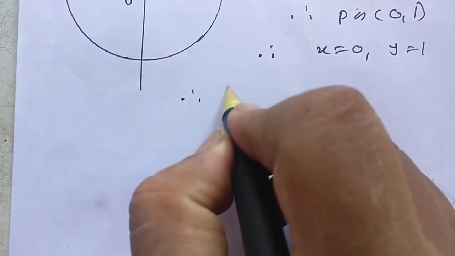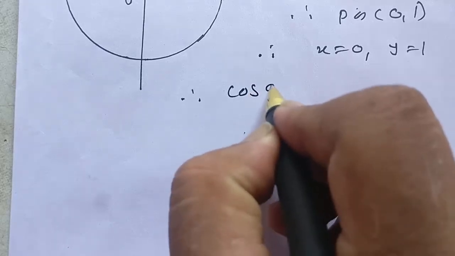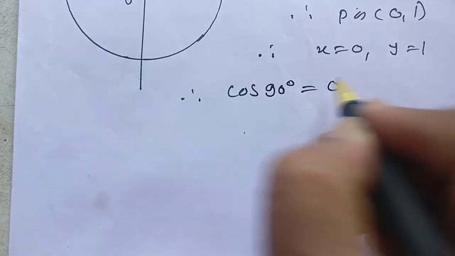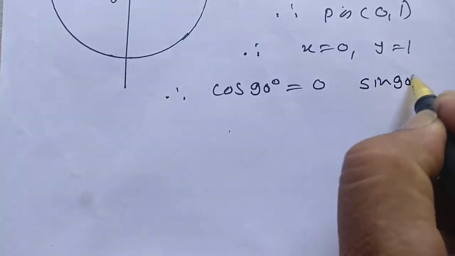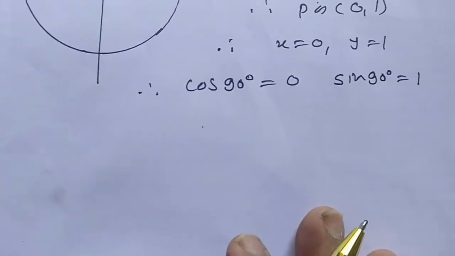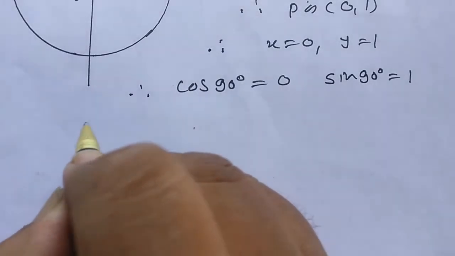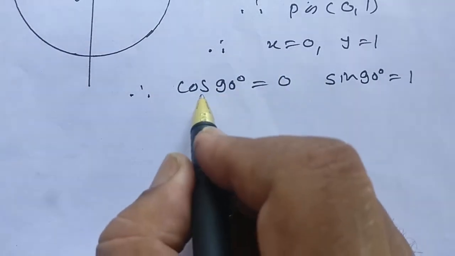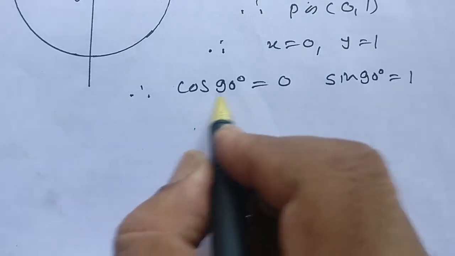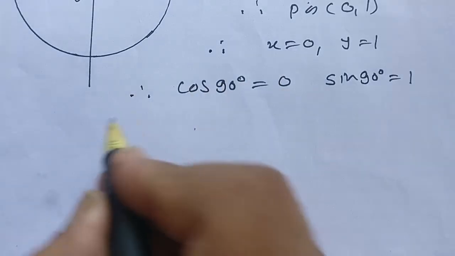Therefore, cos of 90 degree is 0. Sin of 90 degree is equal to 1. Once we know the two ratios, we can find remaining all trigonometric ratios.